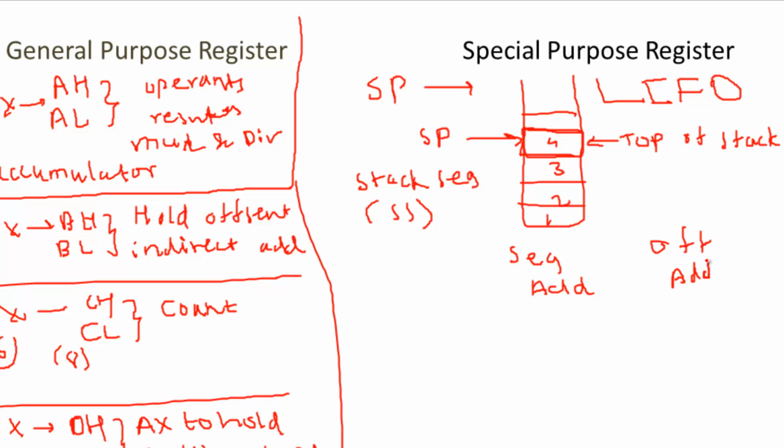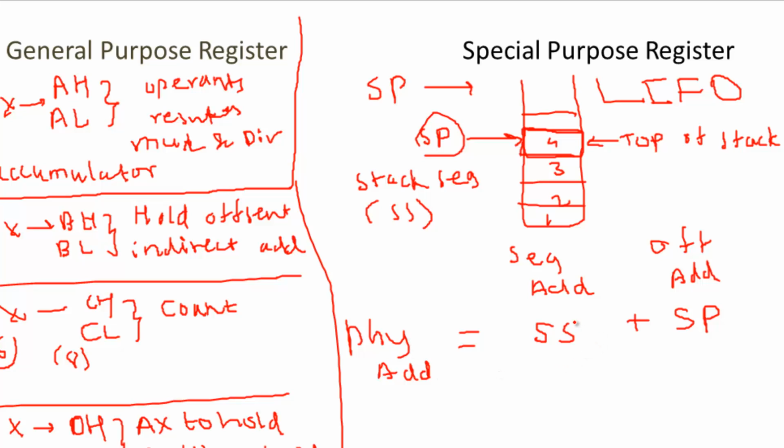Now, as I said, offset address is held by the stack pointer, and stack always resides in the stack segment, so segment address will be given by the SS register, which is present in the BIU, and offset address is held by the SP. This will give me the physical address.